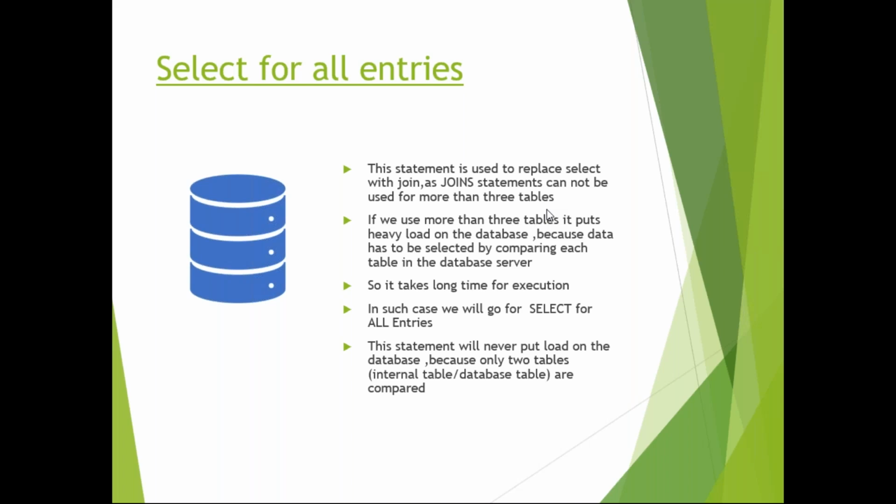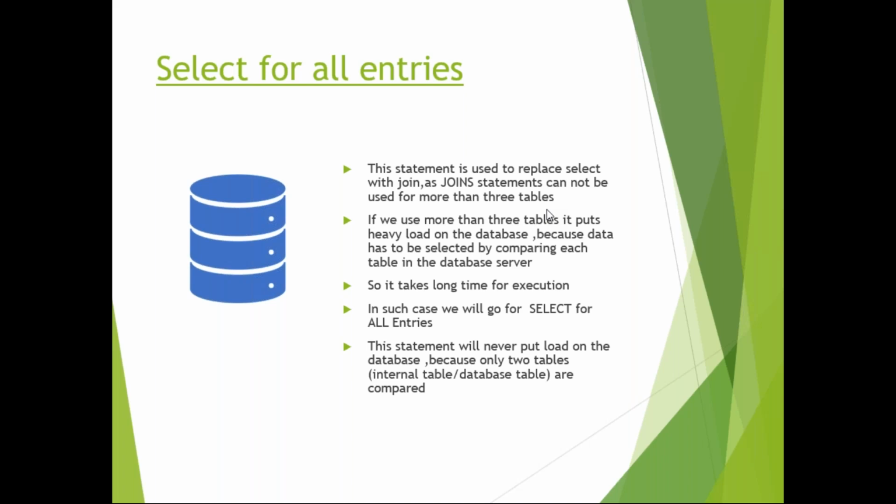Now I got 5 records. Comparing those 5 records, I have to fetch from the VBAP table. Then from VBAP, if you're going to MARA, now you got some records in VBAP. Since materials are there in VBAP, you can fetch from the MARA table. So you can keep on putting for all entries one by one.